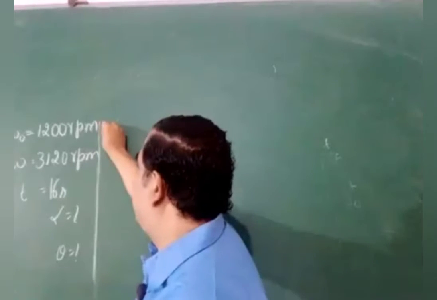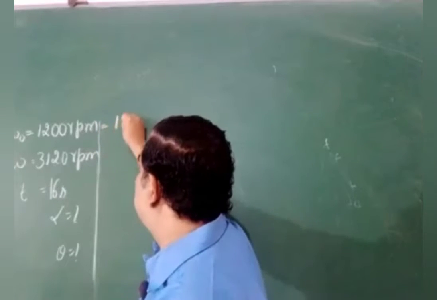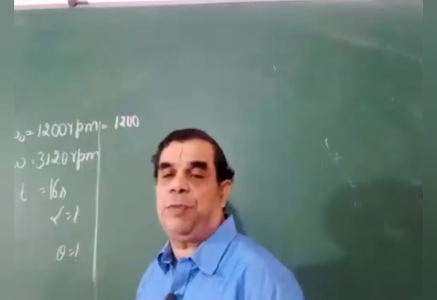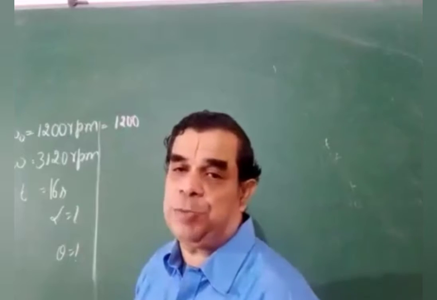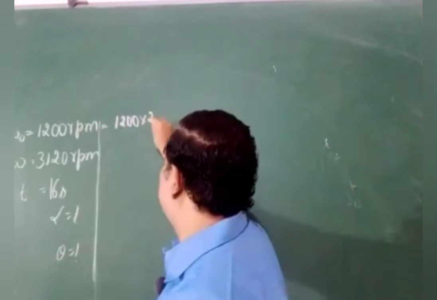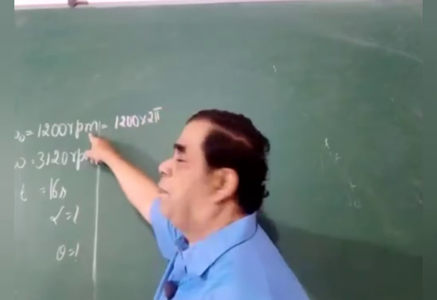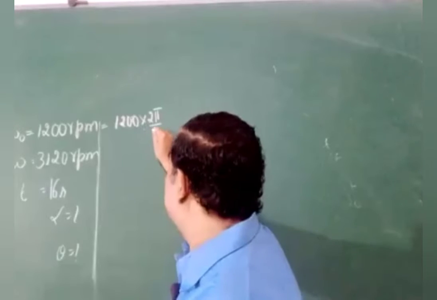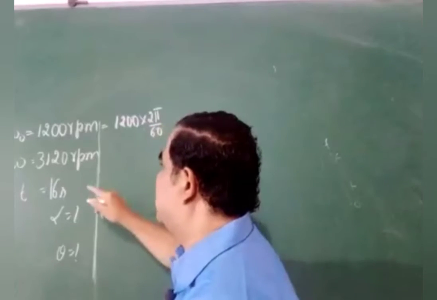For that, observe, 1200 rotations per minute. One rotation corresponds to how many radians? 2 pi. One circle, 2 pi radians. Per minute is there. 1 minute equals 60 seconds. So divided by 60. Why am I writing 60?